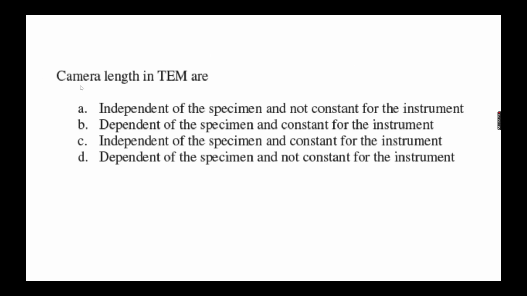I have just shown you the slides where you can also get the answer to this kind of question. Camera length in TEM: independent of the specimen and not constant for the instrument, dependent on the specimen and constant for the instrument, independent of the specimen and constant for the instrument, or dependent on the specimen and not constant. This is a factual question about the camera length.